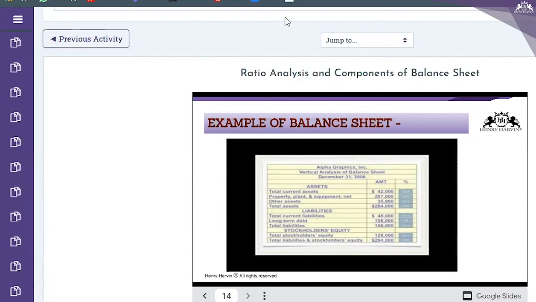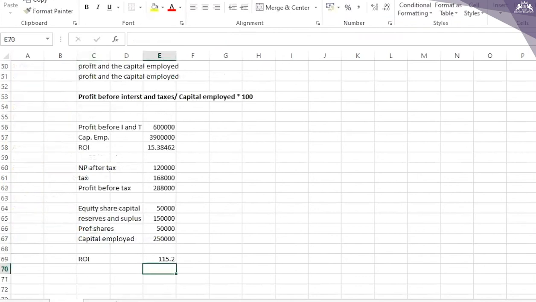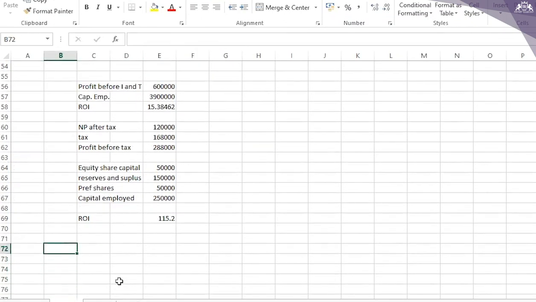Okay. Vishal wanted me to take up the example of current ratio and quick ratio. So Vishal, I will take you through that. You can come on the screen, this screen. Current ratio is current assets divided by current liabilities.